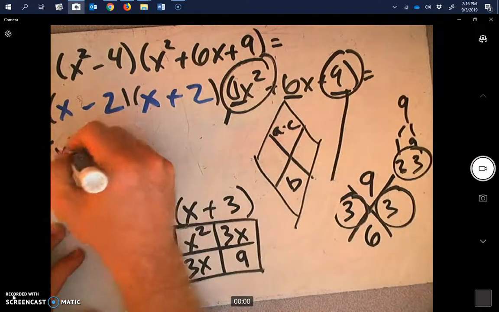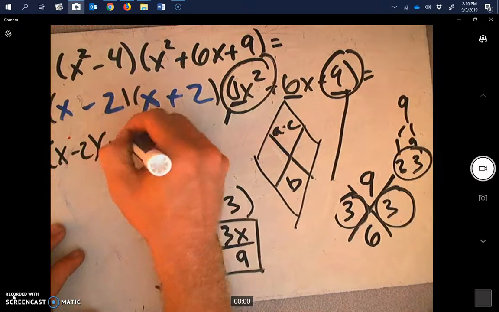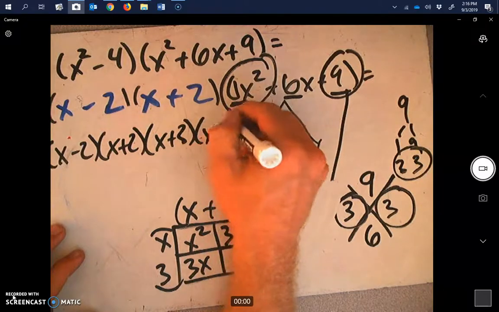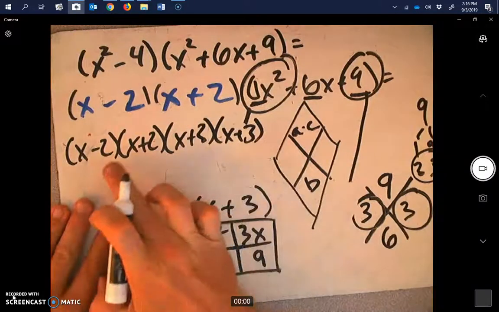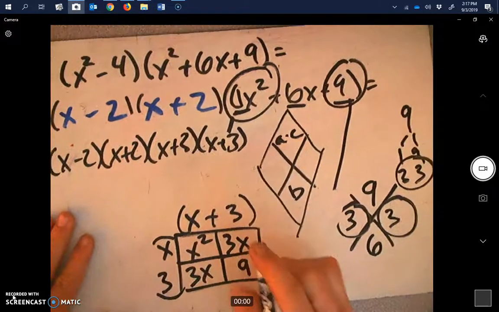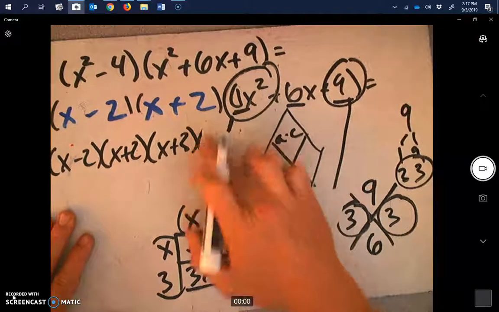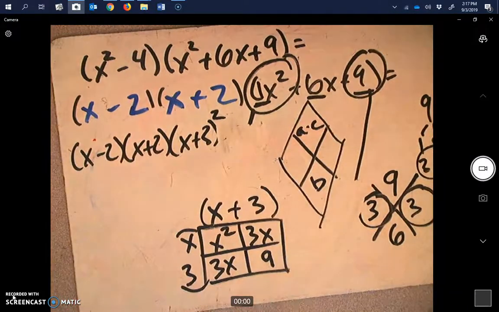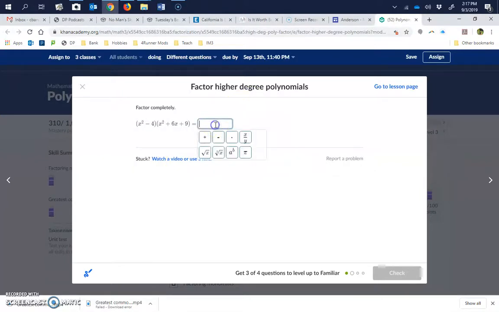So our entire answer is all of this. X minus 2, x plus 2, x plus 3, x plus 3. If you want, you can write x plus 3 squared, which I will do because it's faster.